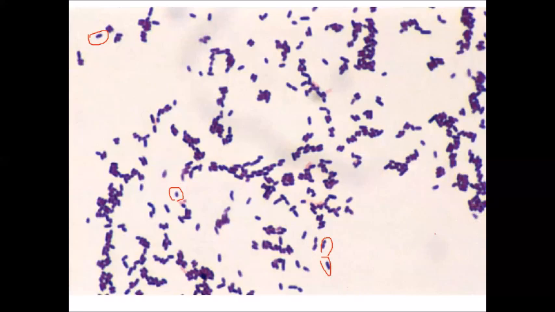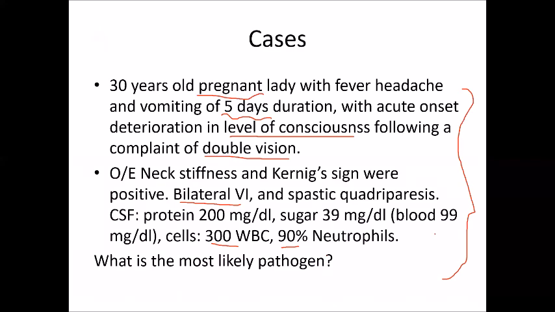That is a case of Listeria monocytogenes. Listeria monocytogenes meningitis, which is known to cause a brainstem complication. So this is a very dangerous kind of meningitis, and you see here it's associated sometimes with pregnancy.